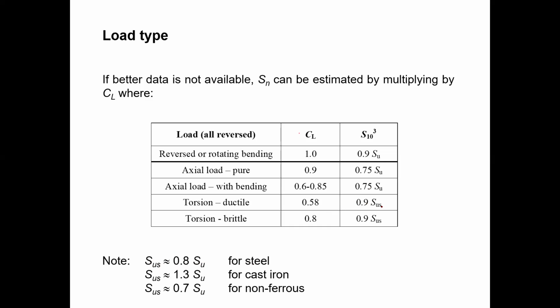We should consider the ultimate shear stress. So if they provide this relationship and you know this value, you can find the ultimate shear strength. That S subscript US means ultimate shear strength. This is for cast iron, this is non-ferrous. Normally we are not focusing on these two too much, but still we use them.